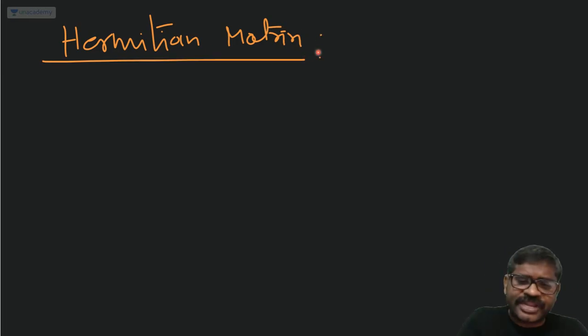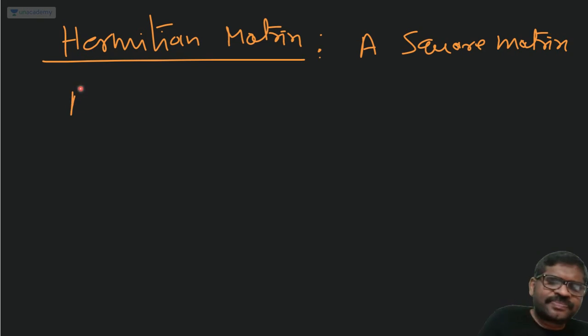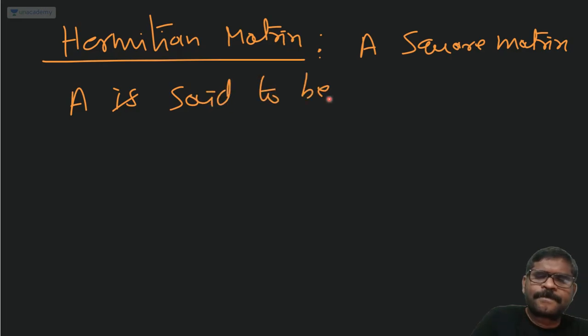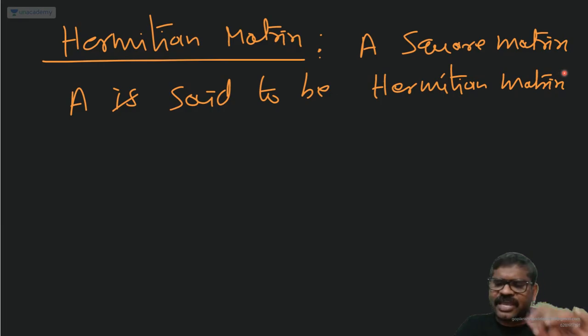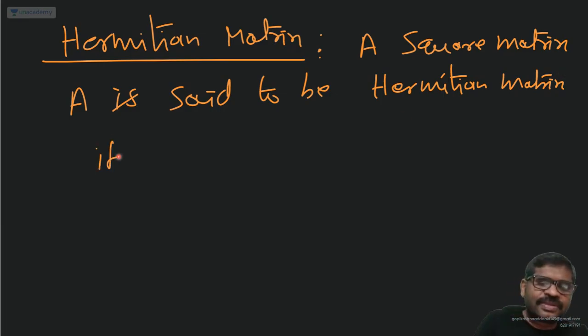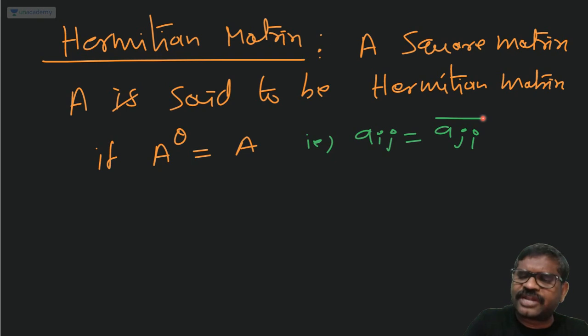A square matrix A is said to be a Hermitian matrix if A^θ equals A, that is, a_ij equals the conjugate of a_ji for all i, j.